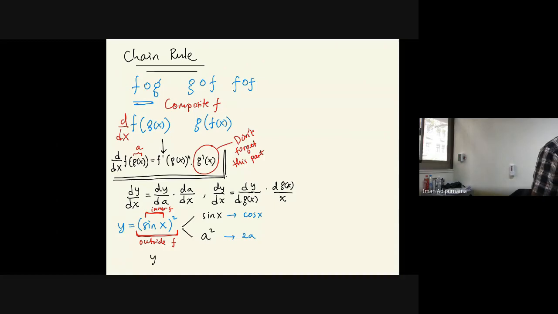So you can just go directly 2 sine x and then cos x, because it's not too complicated. You derive the whole function and then multiply by the derivative of the inside function, and you get the answer directly. Or if you want to be more careful and make sure that your step is correct, you can view it as several functions, derive each one, and then combine at the end. It's the same thing.